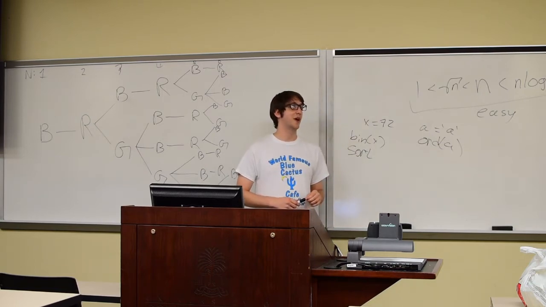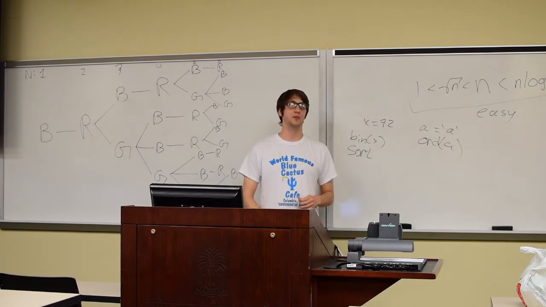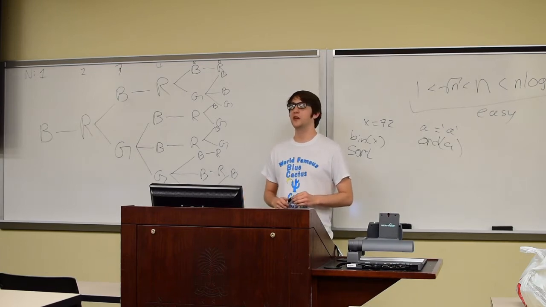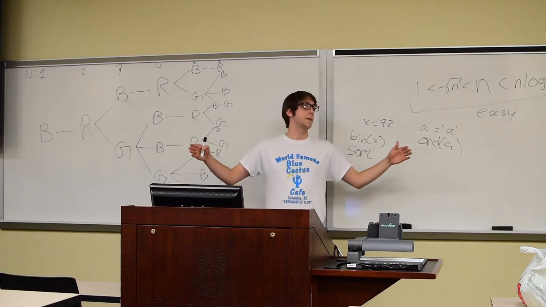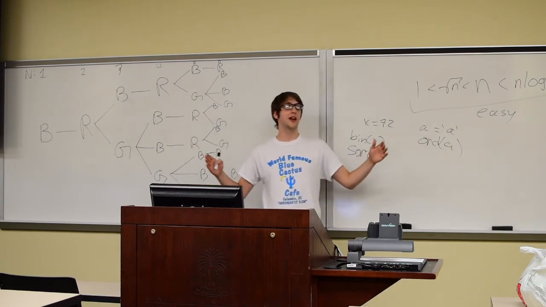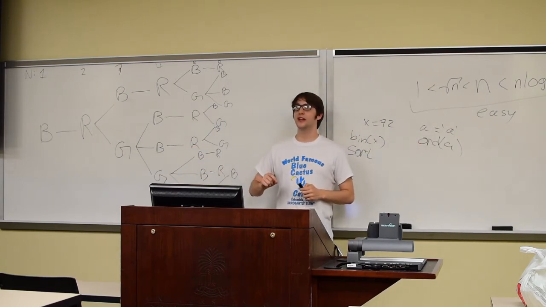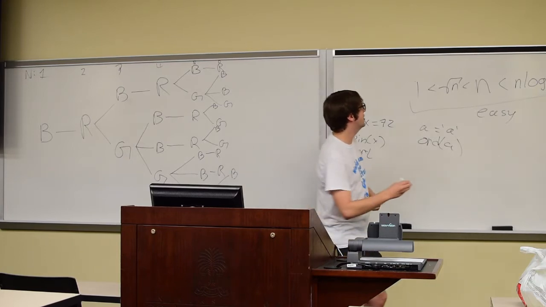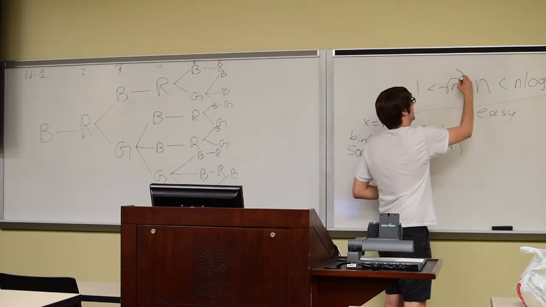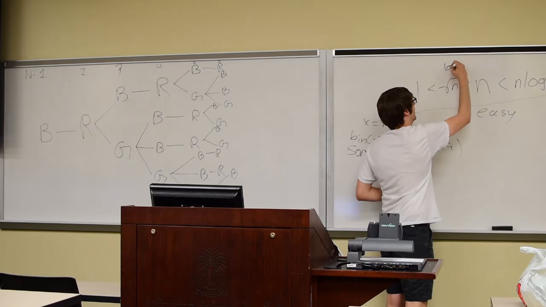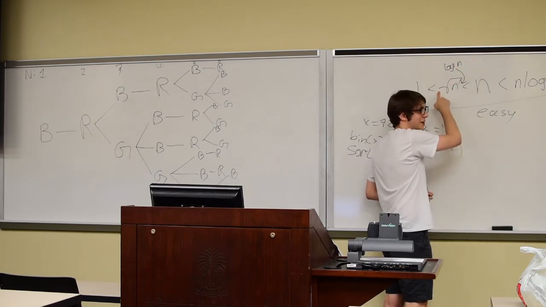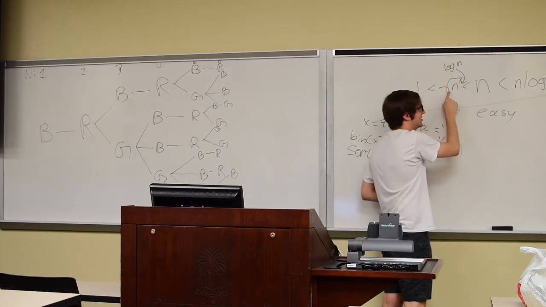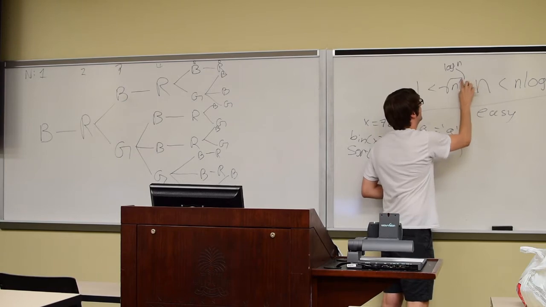All right. So binary search is incredibly useful. Basically, what it means is if you have a sorted array of n elements, you can perform binary search on that array, and you can pick out the element you want in log n time, which I didn't put up here, but it's right here.